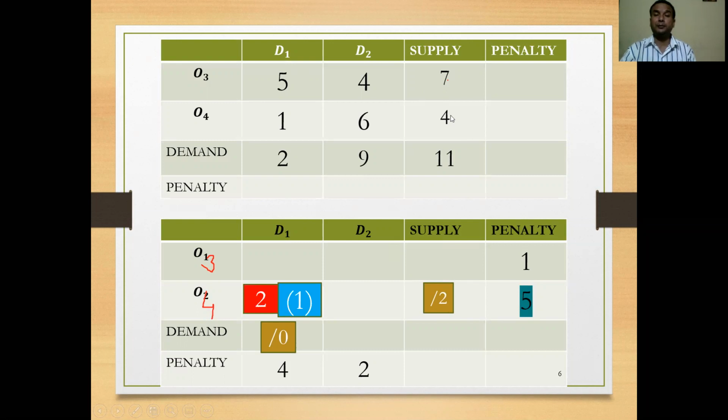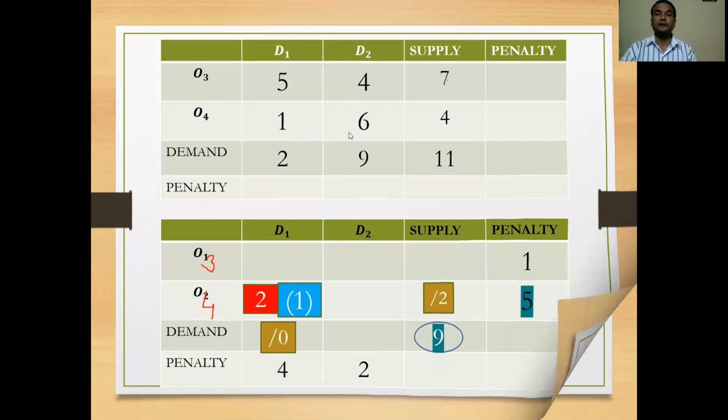So let us proceed. After doing these things, we have 9 supply items available there, and 9 demands are available there, and our destination 1 has also been finished. Therefore we think for only destination 2, and origin 3 and origin 4.